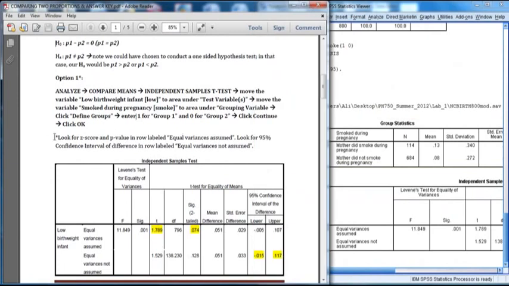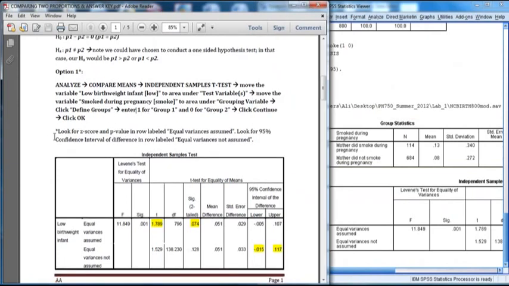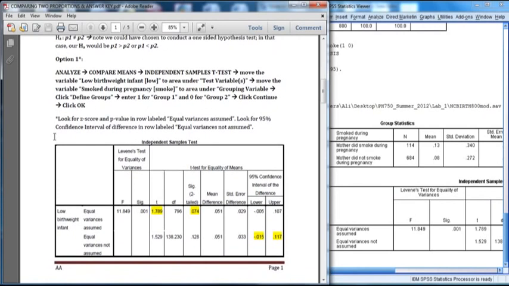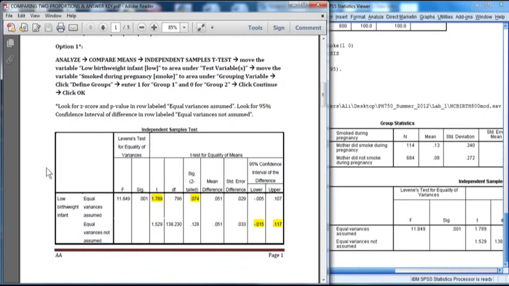Now in this case we are looking at an output with two separate rows. So keep in mind that the standard error when you're comparing proportions is calculated differently when you conduct a hypothesis test versus when you calculate a confidence interval.